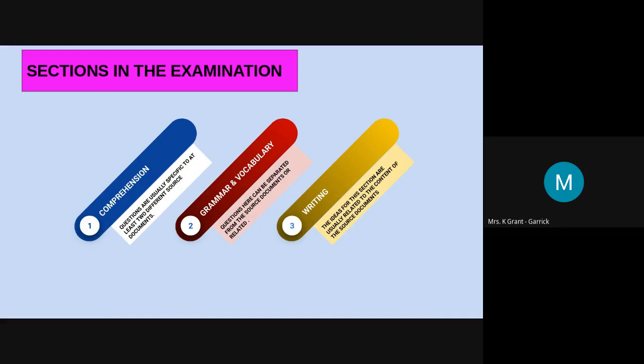Then finally, the most important section, the writing section. This is where you have ideas from the section that is in the source document, and these can be incorporated accordingly into the relevant written concept that they expect you to relate.